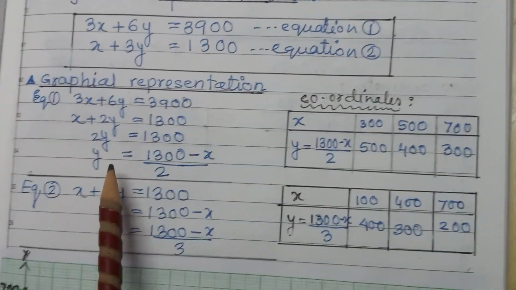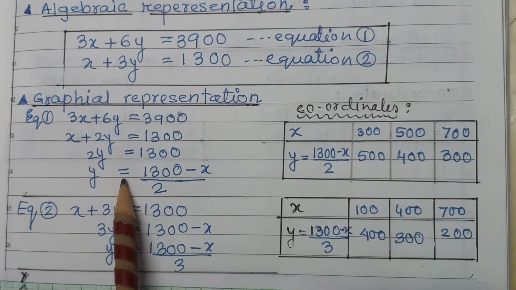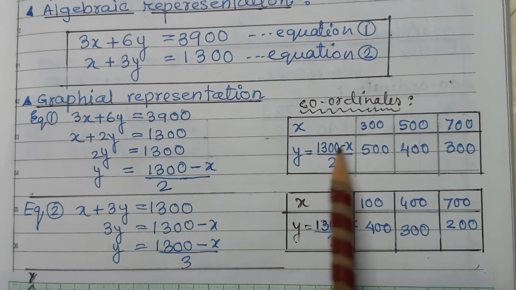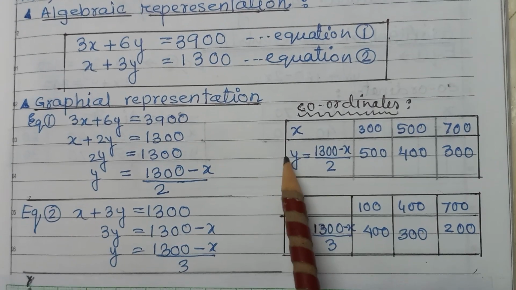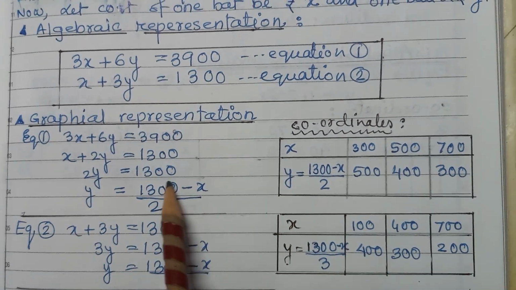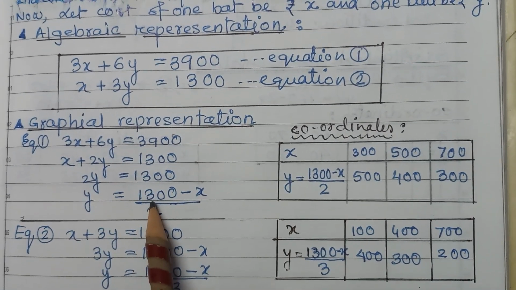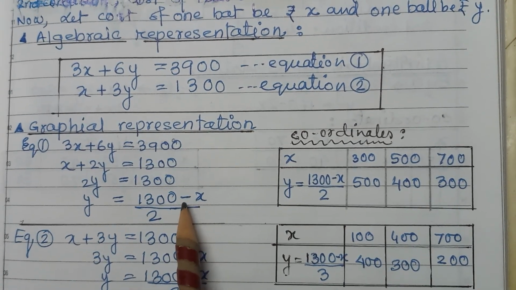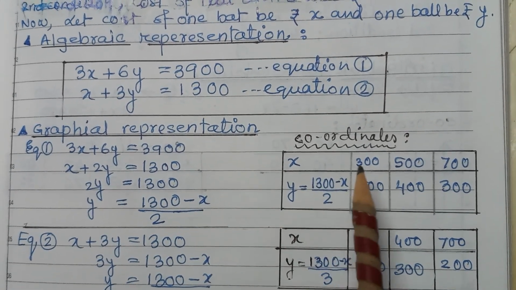Now the graphical representation. For these two equations we have to find y. As these numbers are very big, you have to take values of x not as 1, 2, 3 but bigger numbers, more than 100.